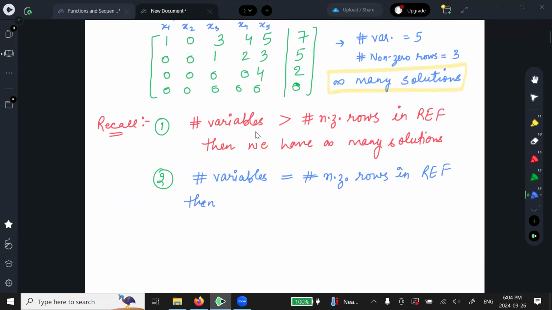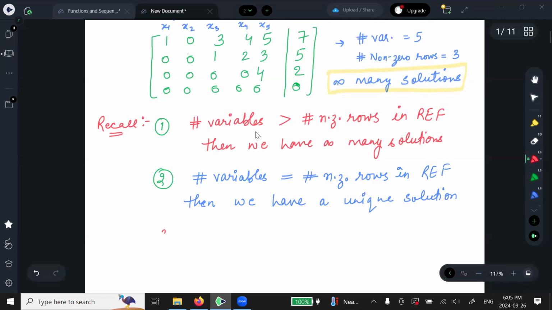Then we have a unique solution, exactly 1. Good. Okay, so there could be many rows, but if all of them are 0 and you only have 2 non-zero rows for 2 variables, you still have a unique solution.